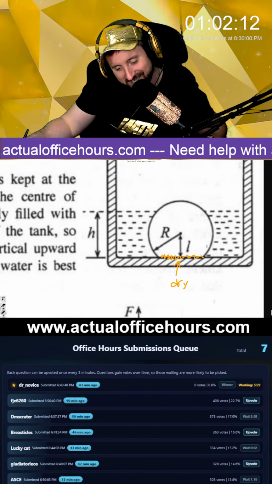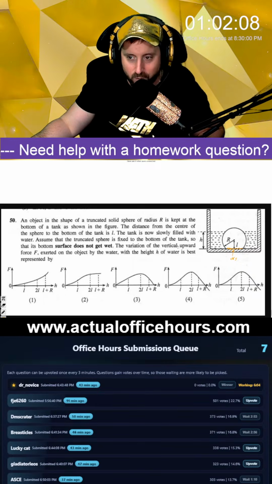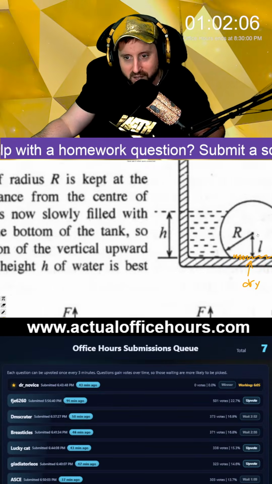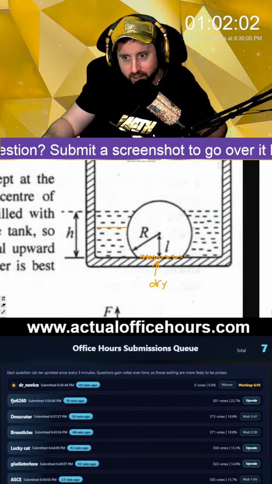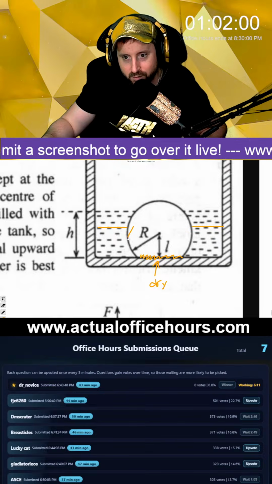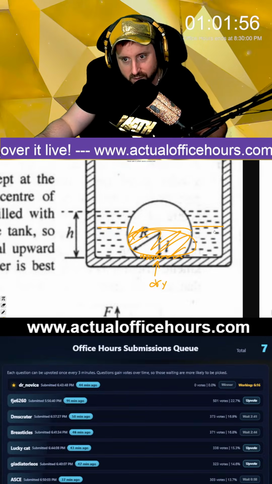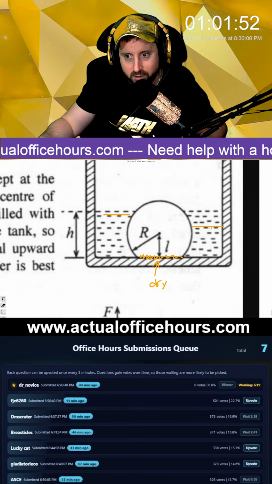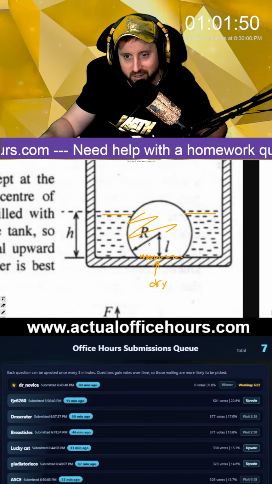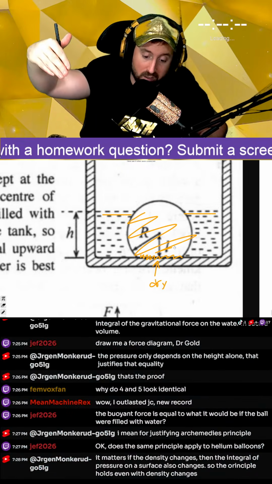Oh no. I don't know why the bottom surface does not get wet, why that matters. My general thinking is to figure out, if the water line is here, for instance, what amount of volume is being displaced. And that should be the force. And then as you go up, you're going to displace more volume, but not as quickly.